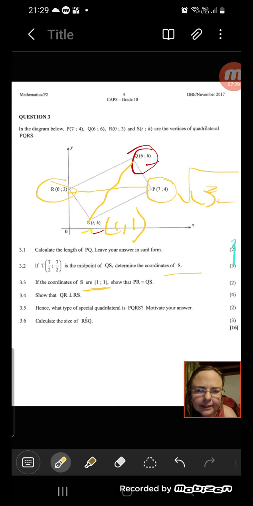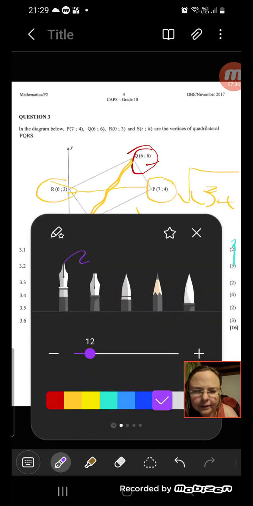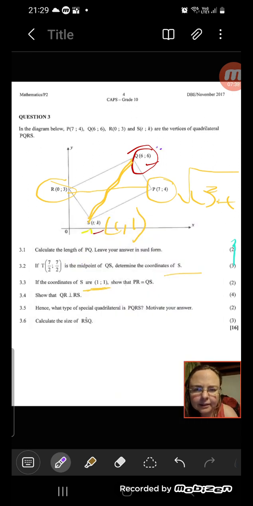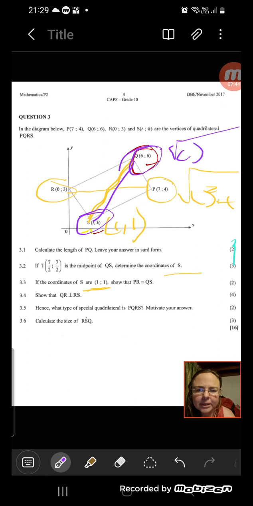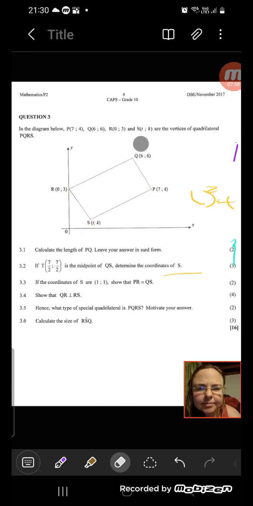In other words, you're going to use this point to find out this distance. Distance formula. Use the distance formula and find that out.